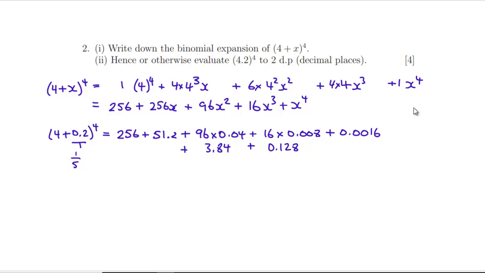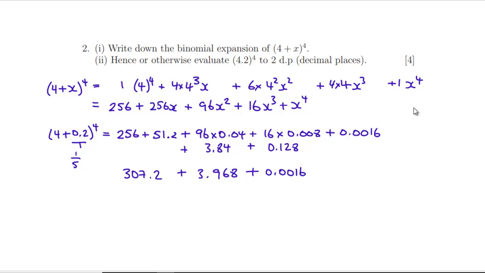Okay, so we've got all of those. So that is 307.2. And then we've got to add on all of these bits plus 3.968. We're only going to 2 decimal places, so hopefully that last bit won't even matter.